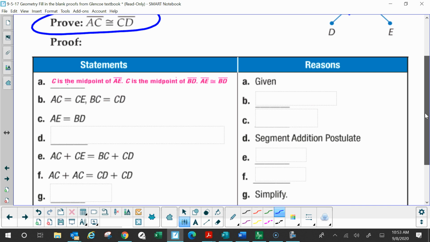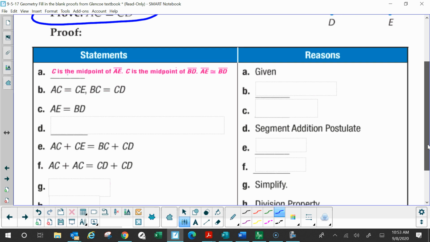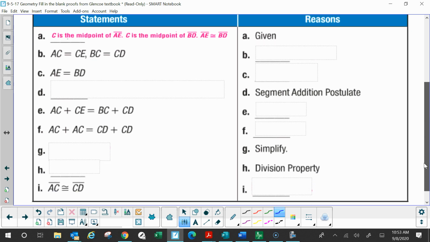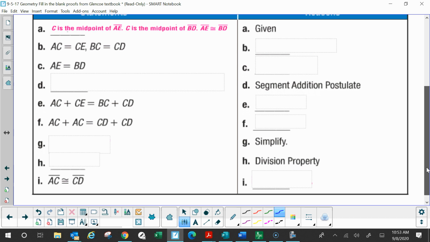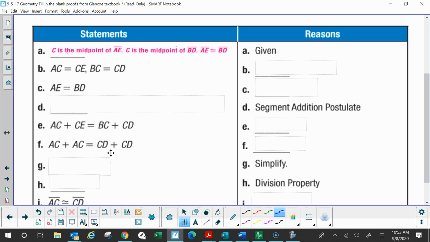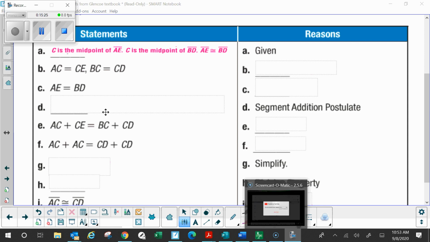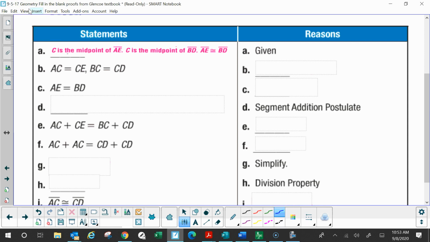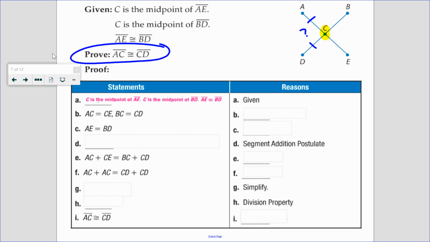You're trying to prove that AC is congruent to CD. That's already given to us. Sometimes it's not, and I like to fill it in if it's not. So we've got our given statement and reason.